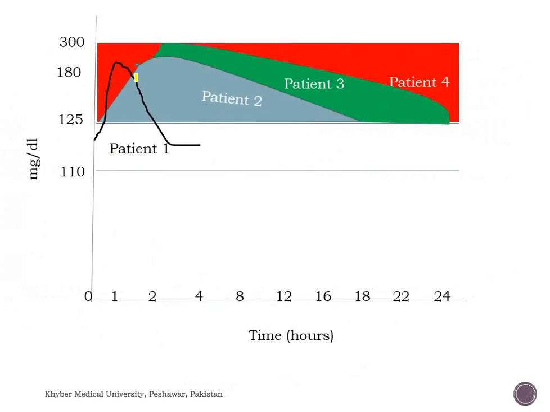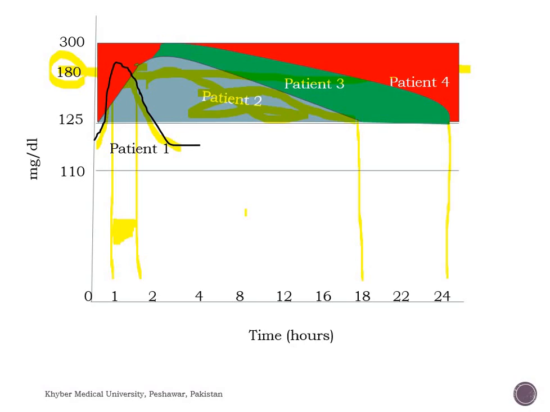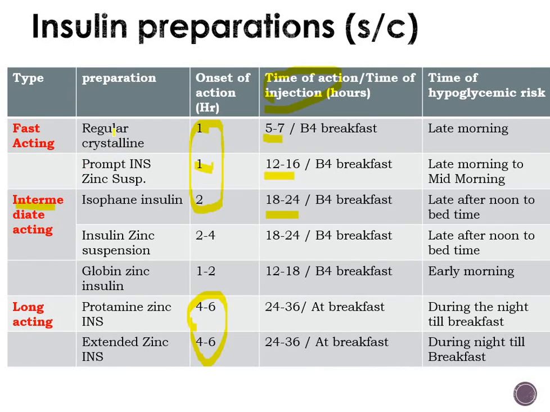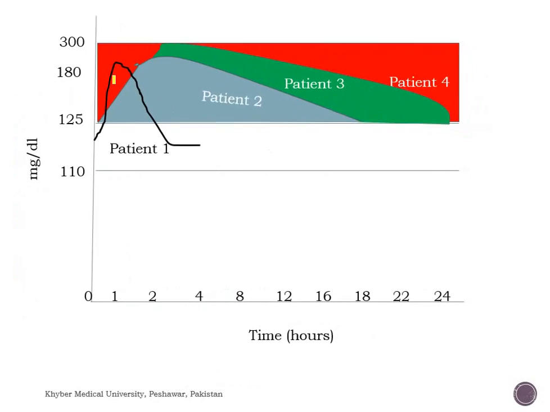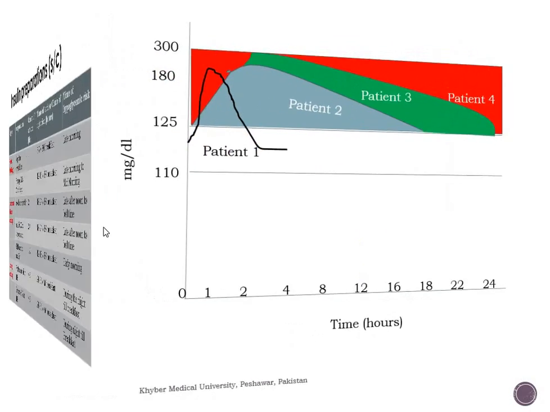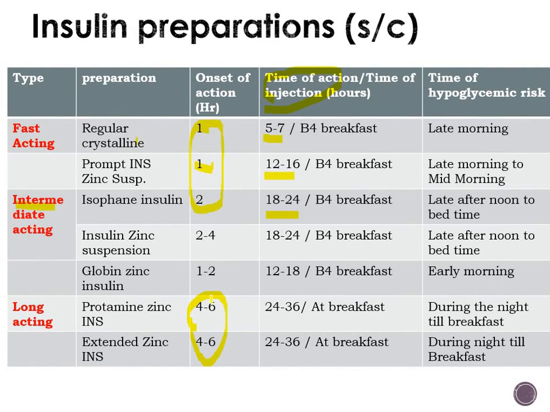You have to cover this initial phase. So therefore a good clinician will combine some regular insulin preparations to cover or back up the initial postprandial shoot up, you see, and plus a combination of either intermediate acting or long acting insulin.